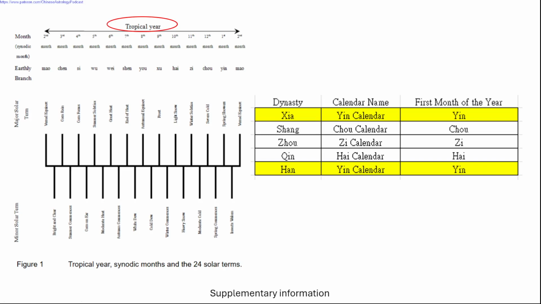There are two strong pieces of evidence that Chinese astrology uses the tropical system. As you can see, their solar terms, which are related to their lunisolar calendar, follow the tropical year. Secondly, the definition of the first month of their calendar uses the position of the sun.